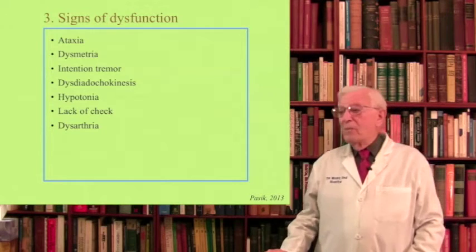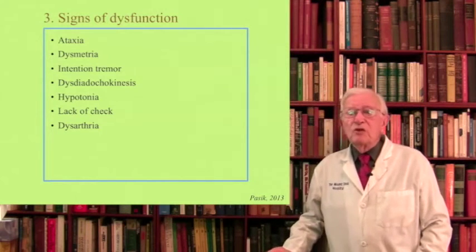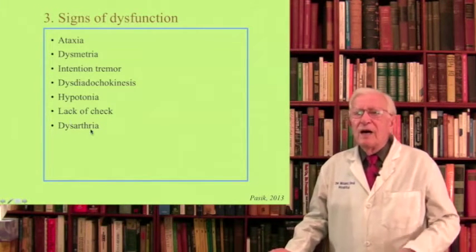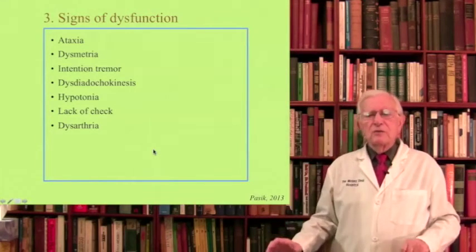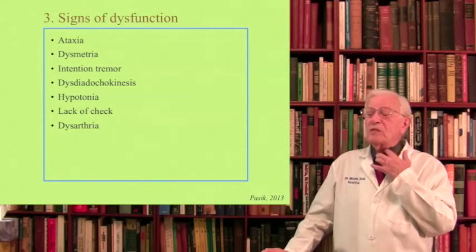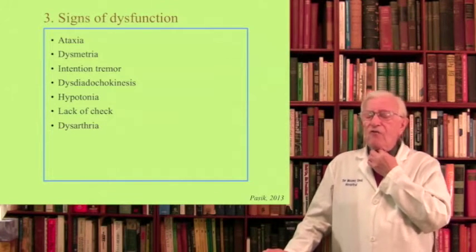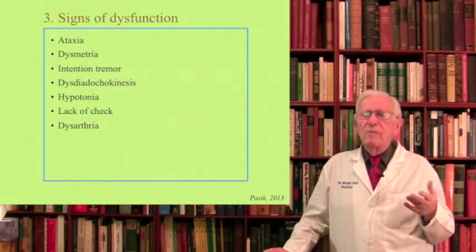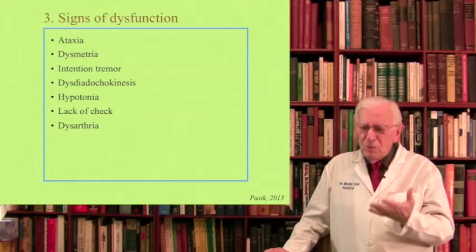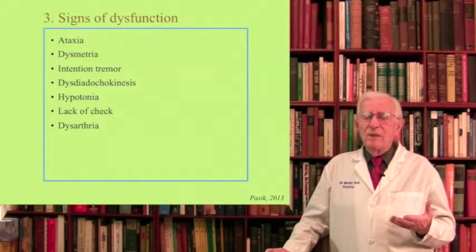Then, most of these problems that I discussed before refer essentially to limb movements, arm movements, and so forth. But then you have the movements of the muscles of phonation that are also affected by cerebellar problems, giving rise to a problem in speech, which is called dysarthria.